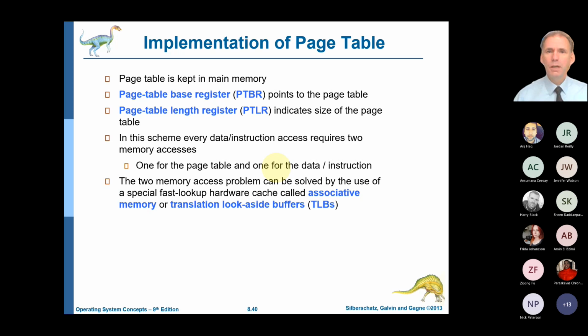So what we do is we implement more hardware. And remember, this is more cost. If we implement hardware, that's a physical cost, and that has to be budgeted for. So again, it's this idea about, are we willing to accept that cost in order to implement these kinds of schemes? And that's the kind of choice that's made all the time. The hardware that we need is called associative memory, or translation look-aside buffer. In essence, it's cache memory.